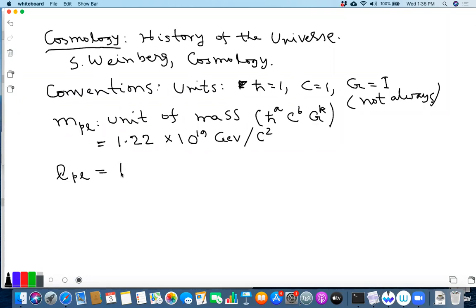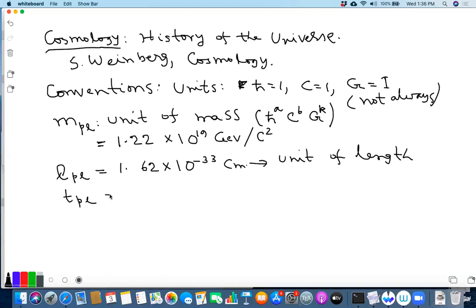That is 1.62 times 10 to the minus 33 centimeter. This is the unit of length. And then finally, the unit of time, T Planck, will be 8.62 times 10 to the minus 44 second.